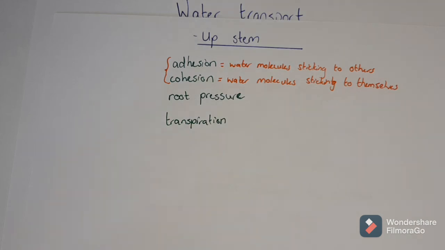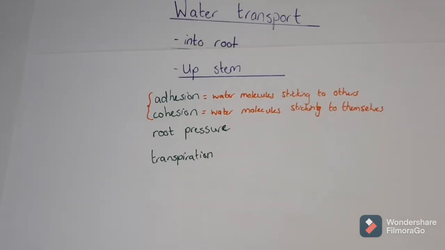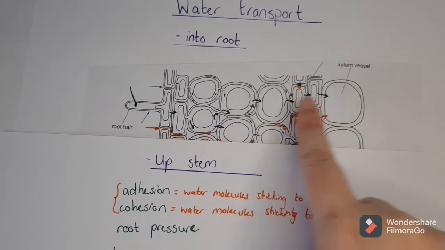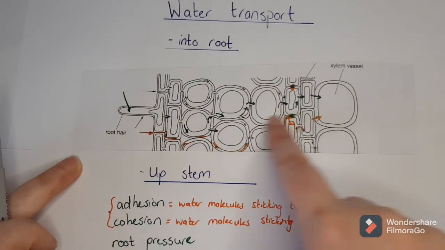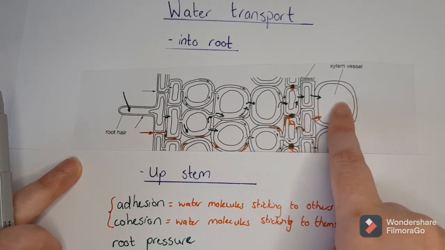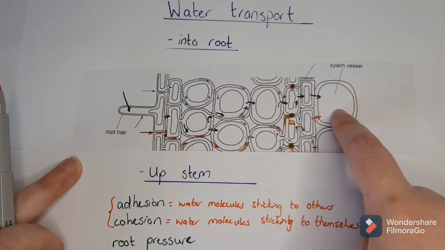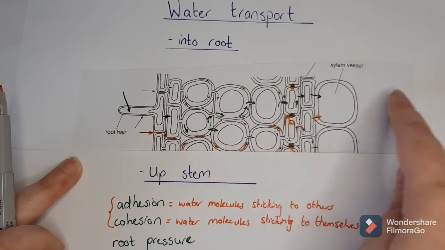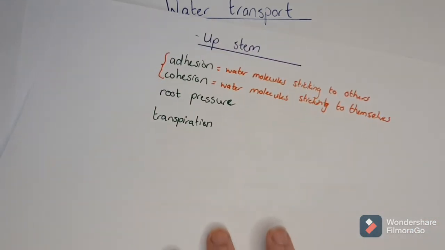The root pressure is because as the water is moving into the xylem, it's going to keep coming in. So all of that water moving into the xylem has to go somewhere. So it starts to get pushed upwards because of that incoming pressure of water constantly moving in.